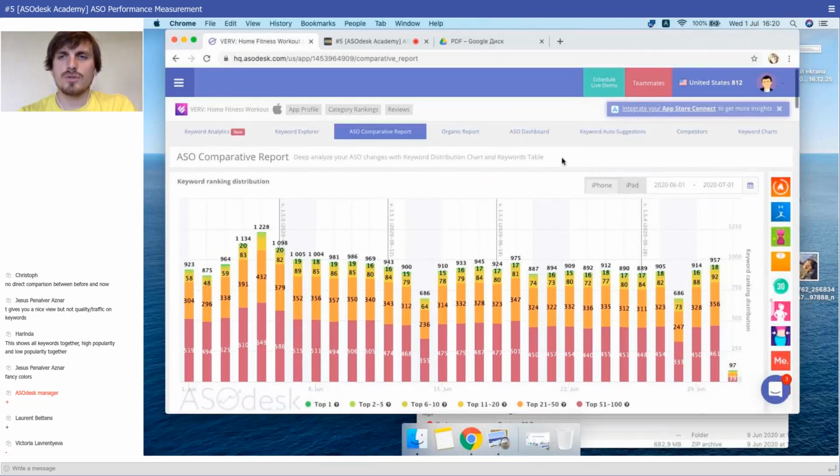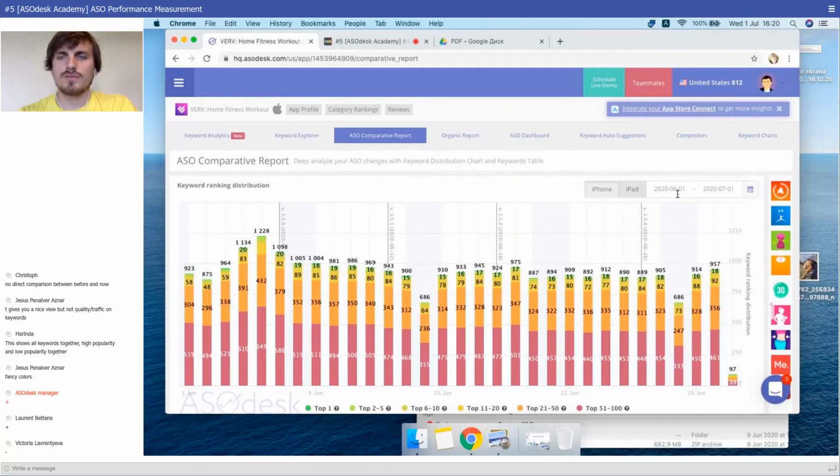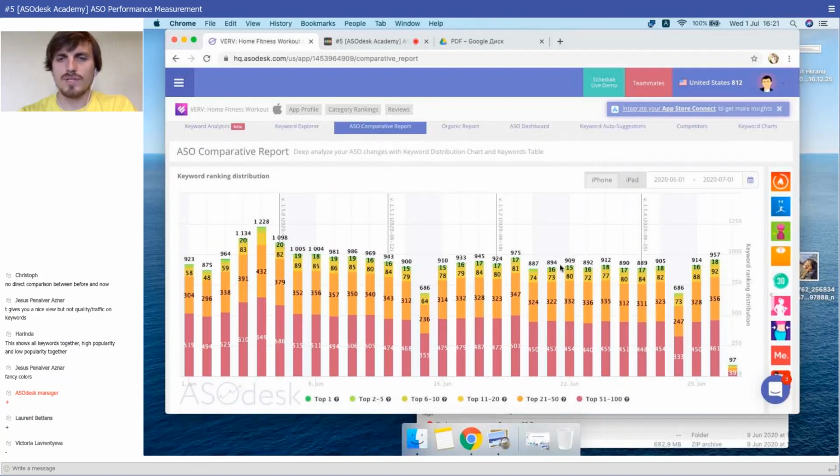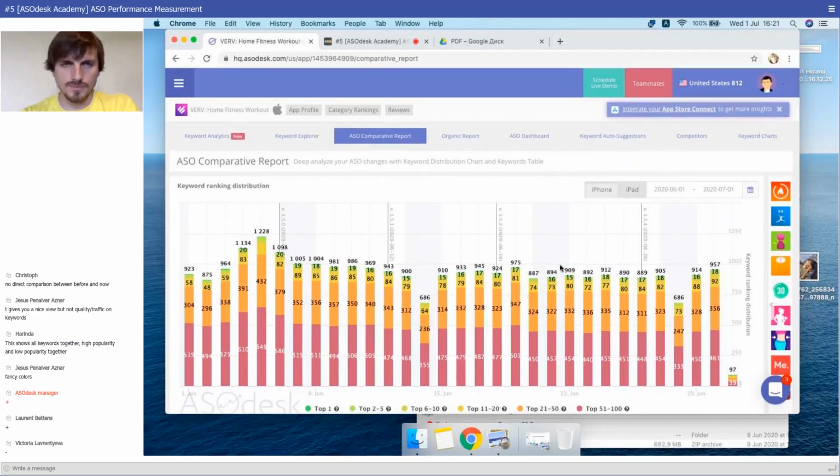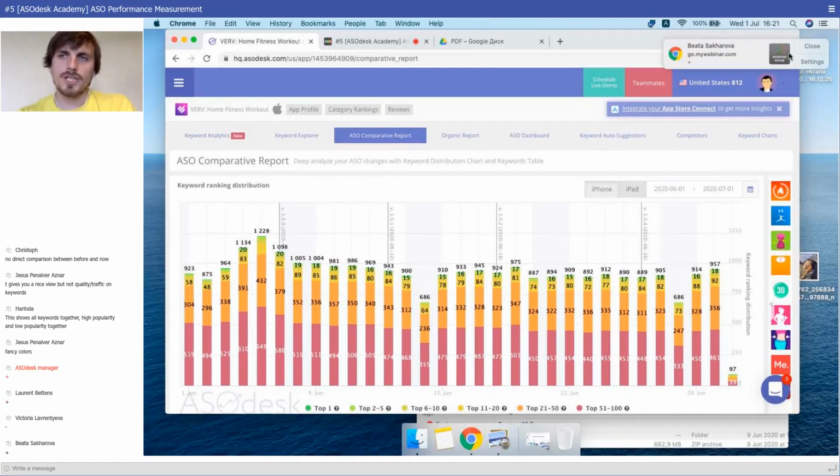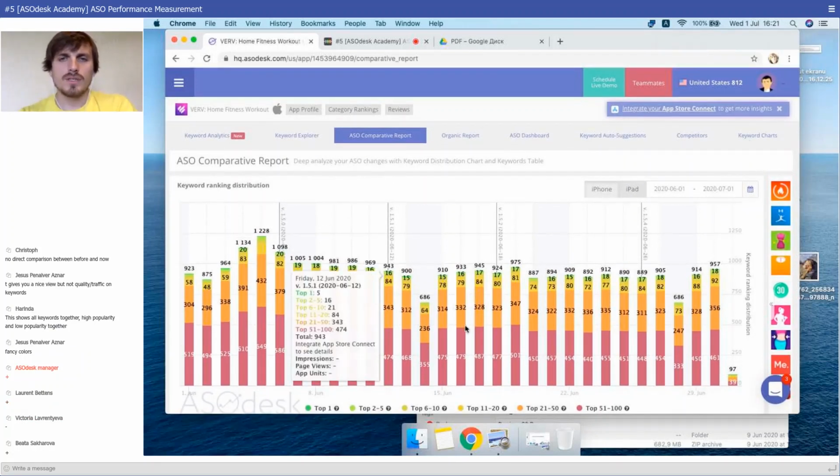I've chosen a data range from the 1st of June to the 1st of July, so the last month. Great.